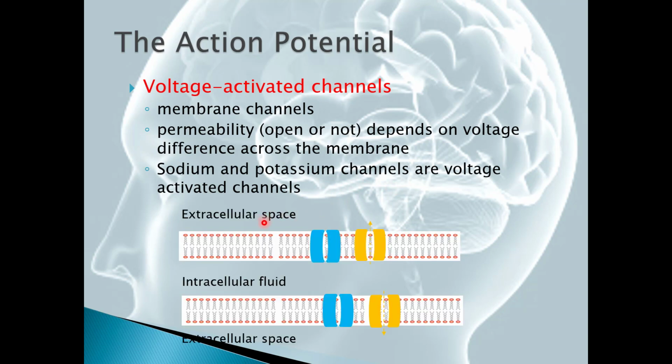And we've already discussed how sodium and potassium channels are these voltage-activated or voltage-gated channels. So here, remember, at rest, when we're at resting membrane potential, here's our little snapshot of the axon. Here's one bilipid membrane. Here's the other side. So this is the intracellular fluid and the extracellular space. The voltage-gated sodium channels are closed, and our potassium channels are leaky.